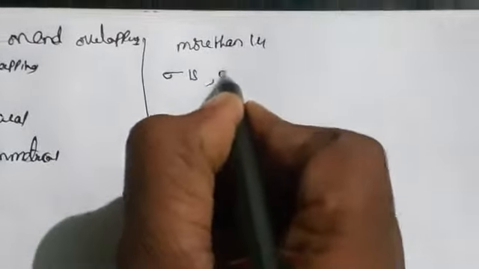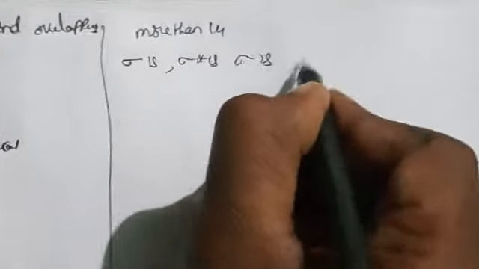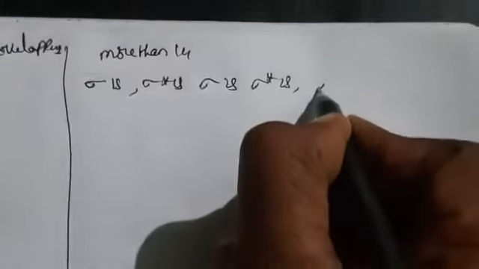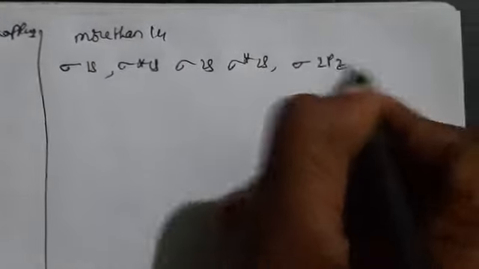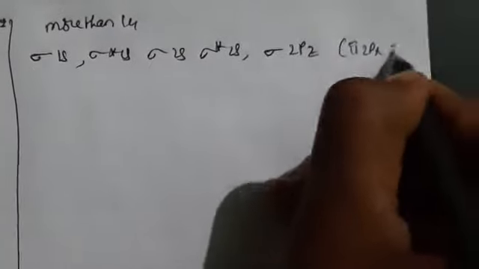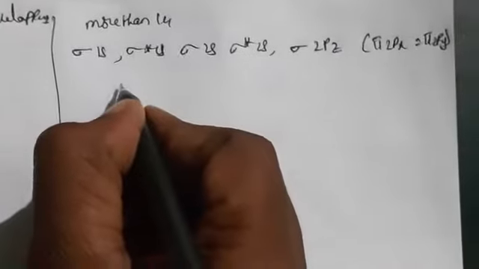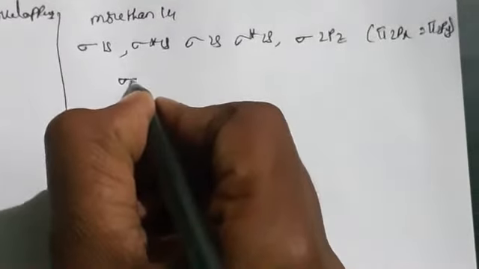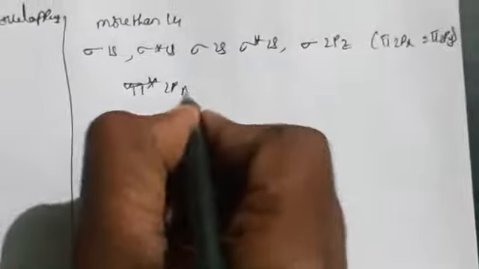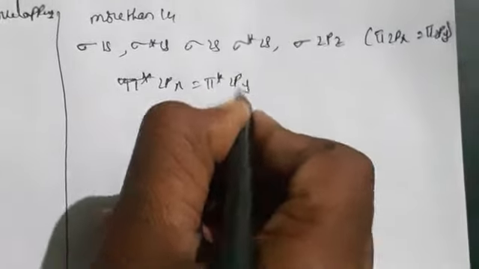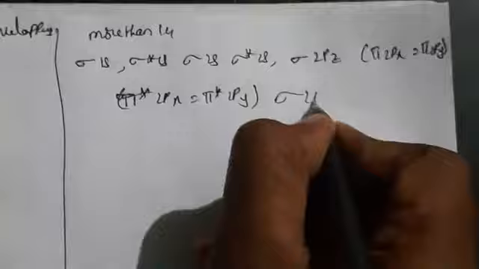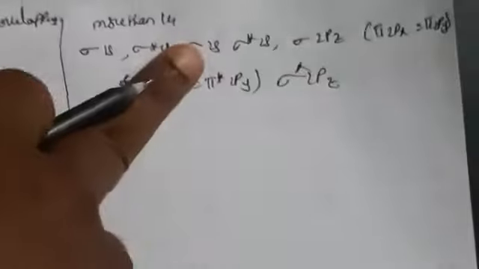Sigma 1s, sigma star 1s, sigma 2s, sigma star 2s, sigma 2pz, pi 2px, pi 2py, pi star 2px, pi star 2py, and sigma star 2pz. So this star indicates anti-bonding molecular orbitals. This sigma indicates bonding molecular orbitals.